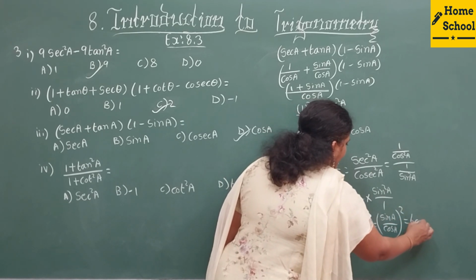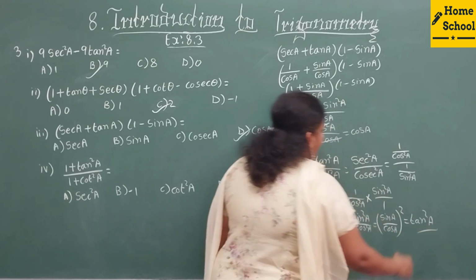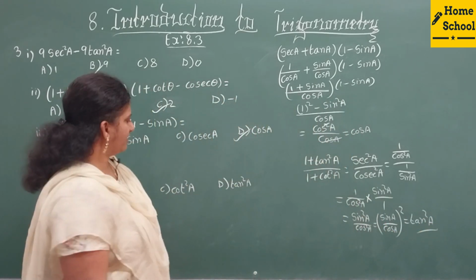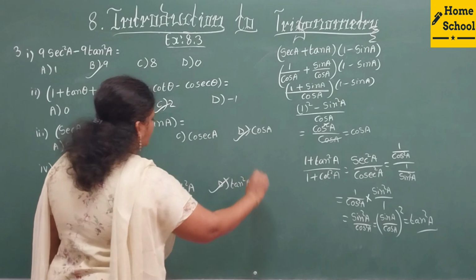That is nothing but tan A whole square. That is tan square A is your answer. Check for the option. This is also option D.